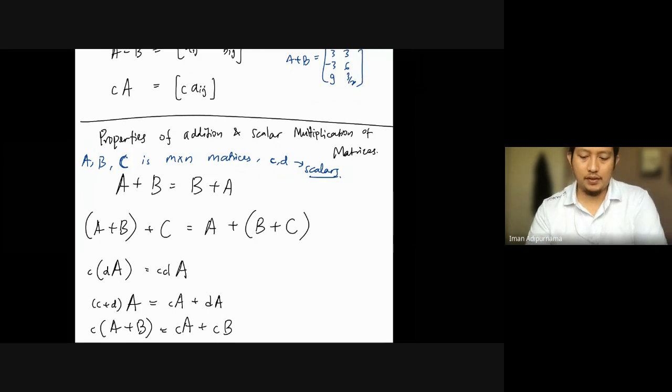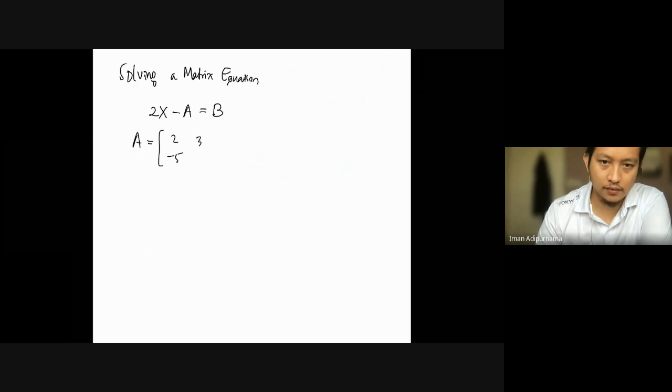Now, let's see an example of how to solve a matrix equation. Let's say we have 2x minus A equals B, and we know A, for example, matrix A is this, and matrix B is this.